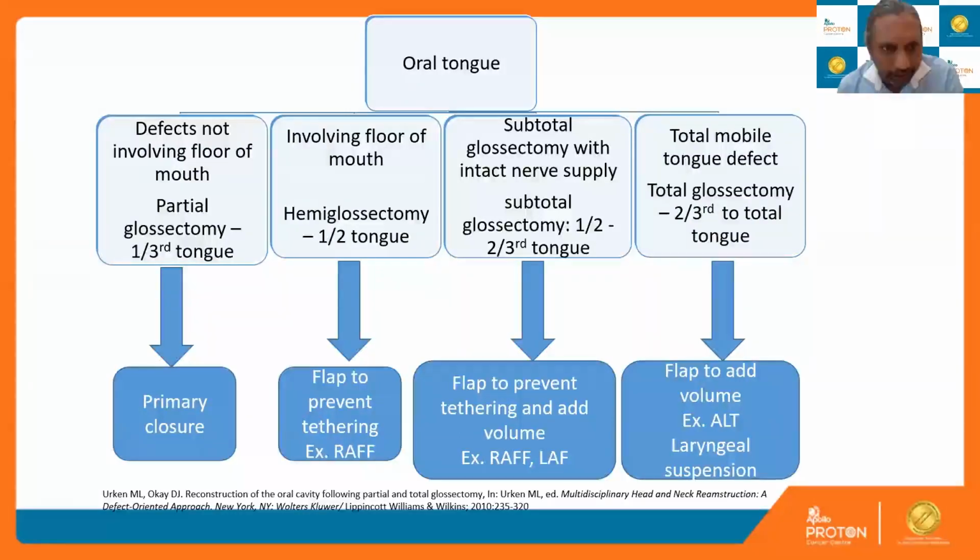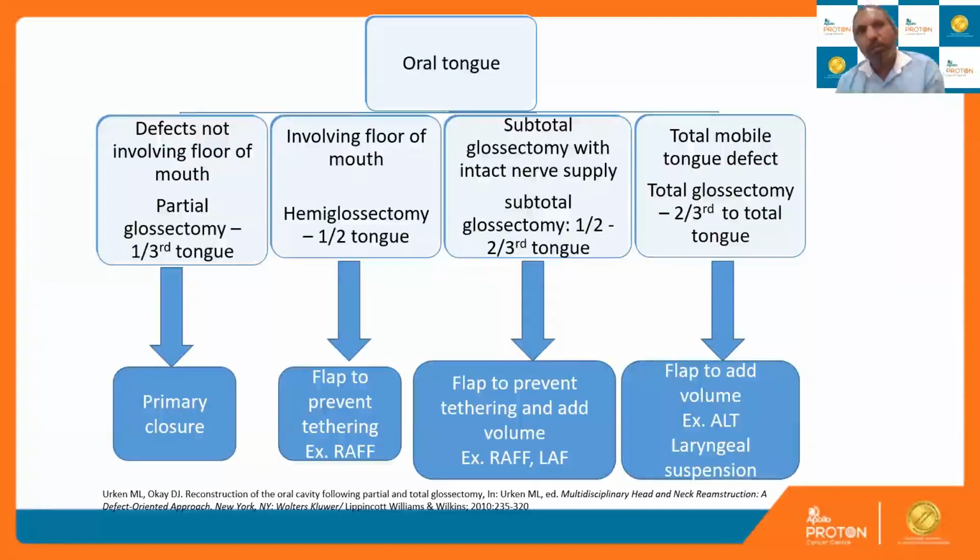If the defect is less than one third of the tongue with an intact floor of mouth, there is evidence that you can close it primarily, keeping the tongue mobile with a good functional outcome. When there is involvement of the floor of mouth and a possibility of fistulous communication, it is better to put a lining flap like a radial forearm or rocal flap to prevent tethering of the flap.